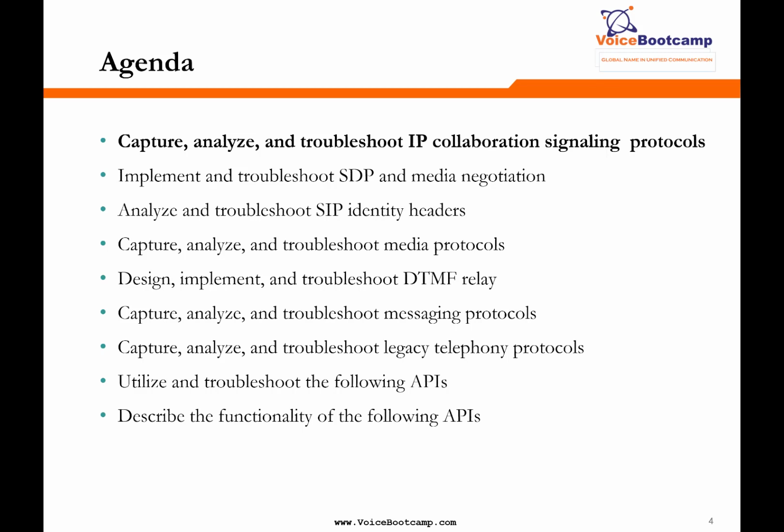Design, implement, and troubleshoot DTMF relay. It will focus on capturing, analyzing, and troubleshooting messaging protocols, legacy telephony protocols, and utilizing various troubleshooting utilities and APIs to help you with day-to-day troubleshooting.